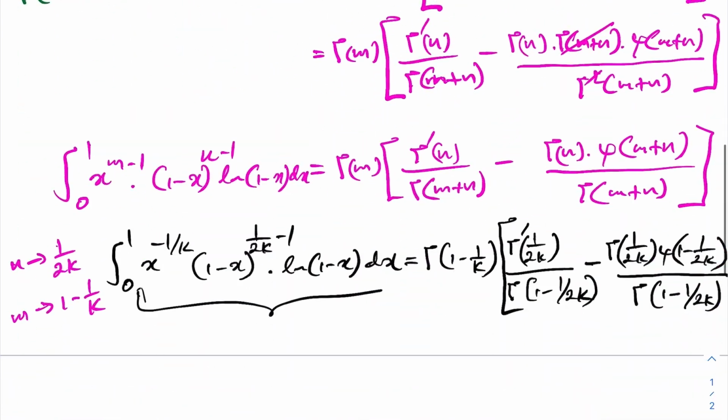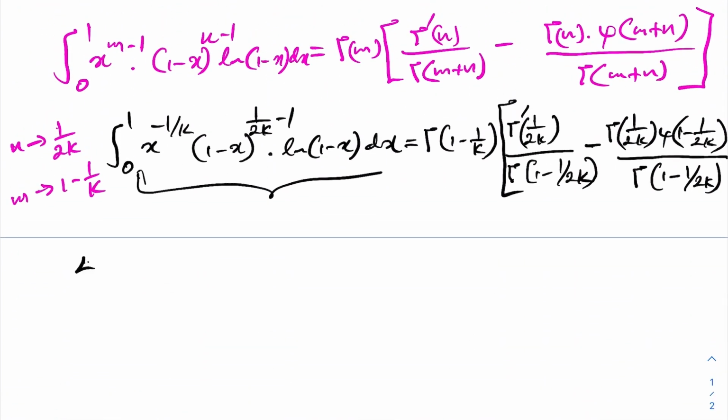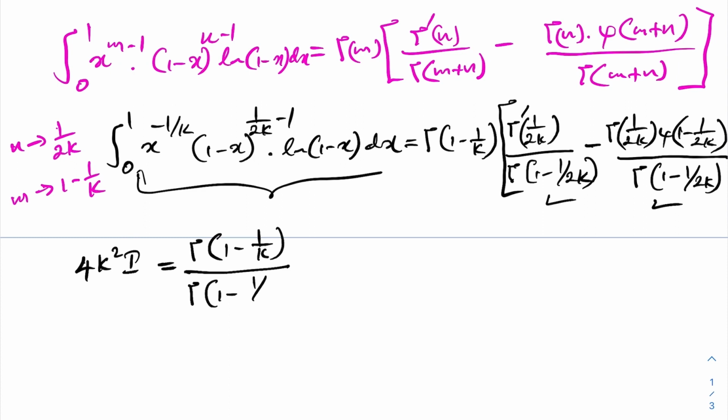So we know now we have 4 times k square times I is equal to, now here we have gamma of 1 minus 1 over k, over here we have gamma of 1 minus 1 over 2 times k, times here we have gamma dash of 1 over 2 times k.